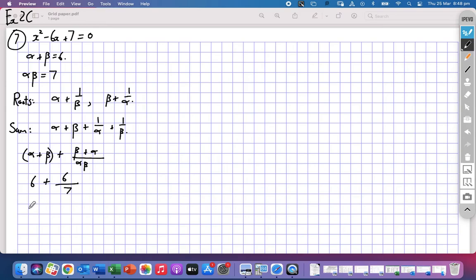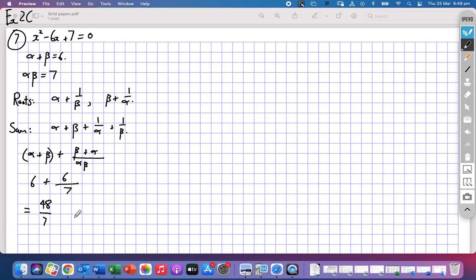Or if you like, you could say an improper fraction there. 6 sevens are 42. 42 plus 6, 48. 48 sevenths, if you like. Or 6 and 6 sevenths.